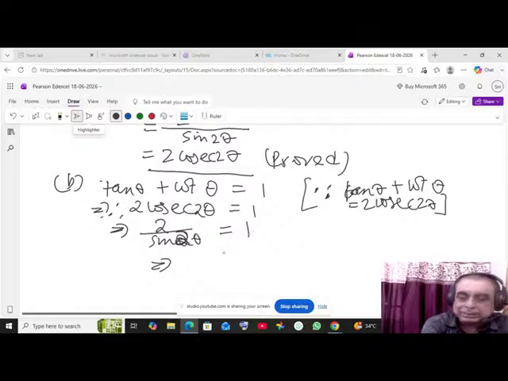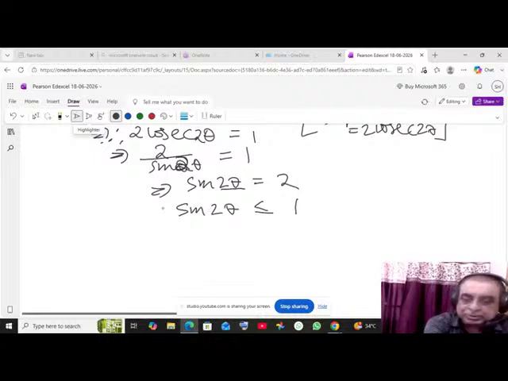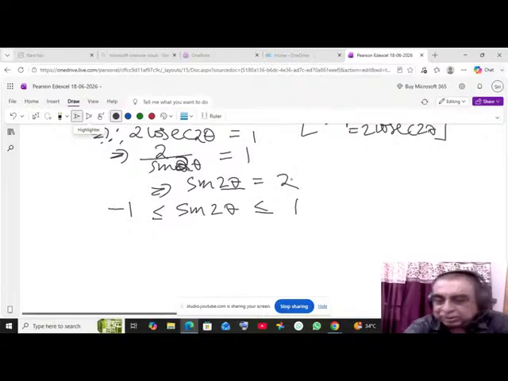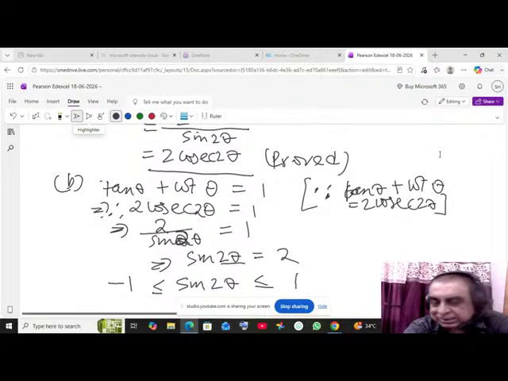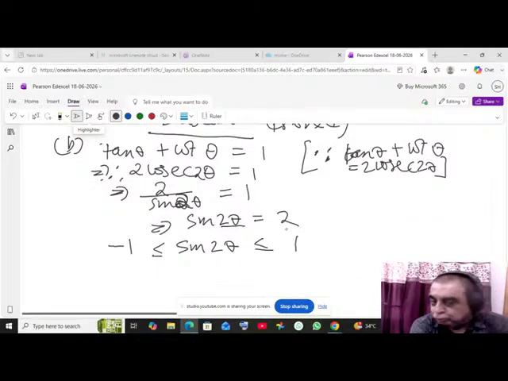Sin 2 theta I am taking to the right side. So sin 2 theta times 1 is sin 2 theta, value is equal to 2. Now whatever may be the angle, sin 2 theta value always lies between plus 1 and minus 1. But here, if this equation is given, tan theta plus cot theta value is 1, from here we are getting sin 2 theta equal to 2.